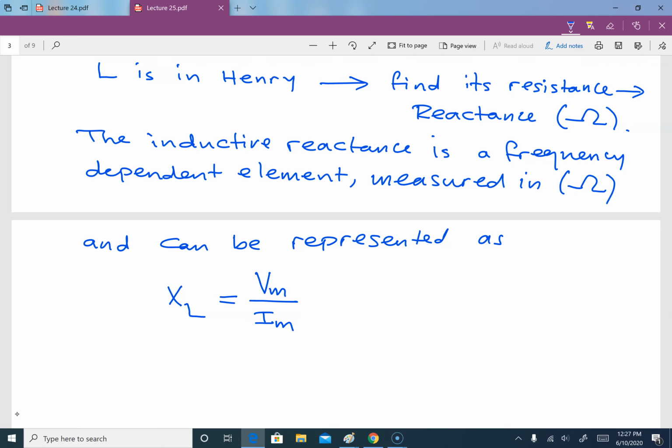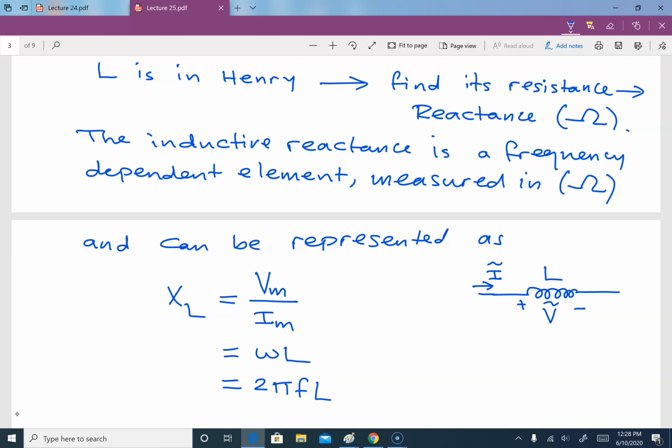So if I have this inductance, the current flowing through it is I, and the voltage across it is V, and these are in phasors, then what we have to do to get the XL, which is the reactance of that inductance in ohm, we just take the magnitude of the voltage and divide it by the magnitude of the current. And that is equal to omega L, which is equal to 2 pi fL. So any of these formulas will be okay.